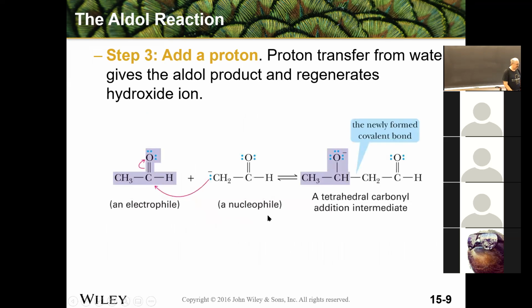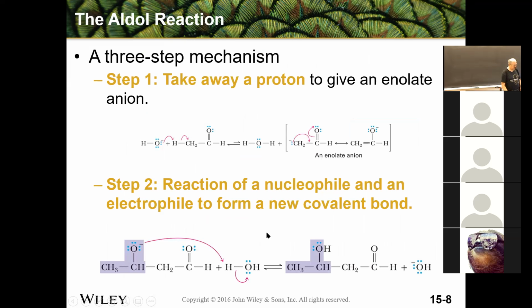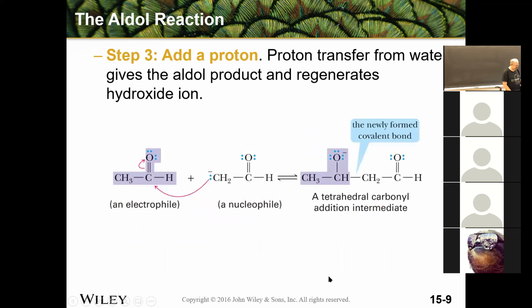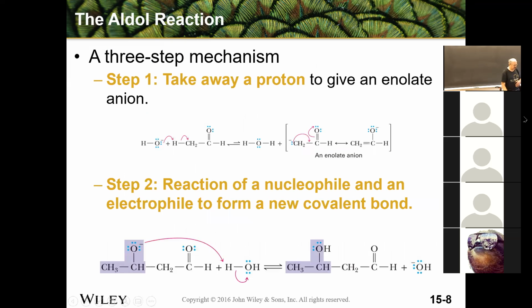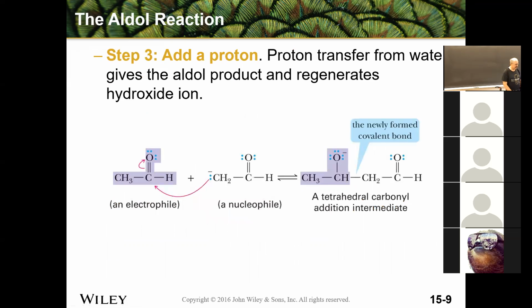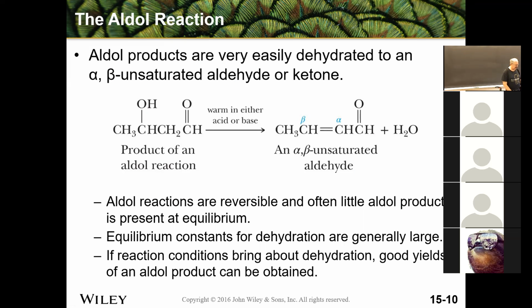Okay, so let me back up a minute. These reactions are all reversible. There's little of this aldol product formed at equilibrium, but once it's dehydrated, that step is favorable. So that equilibrium constant is large.